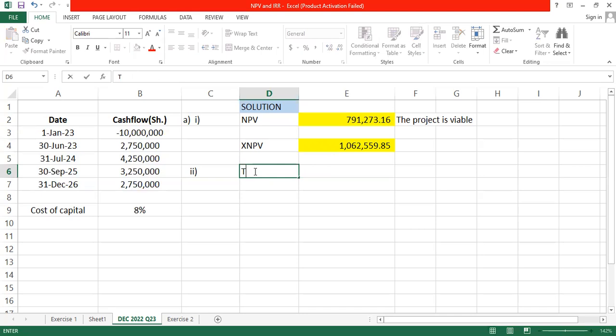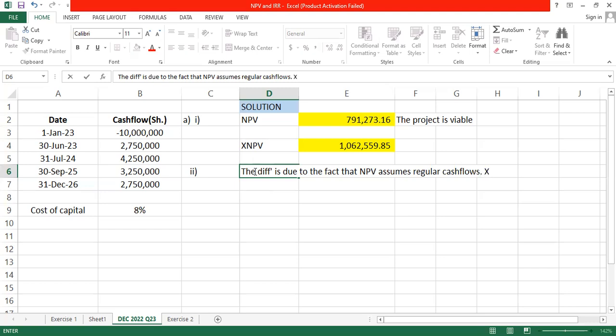Of course, the difference is due to the fact that NPV assumes regular cash flows.